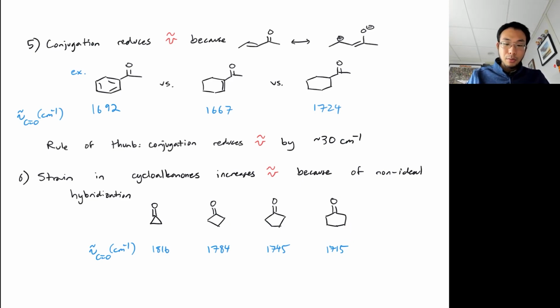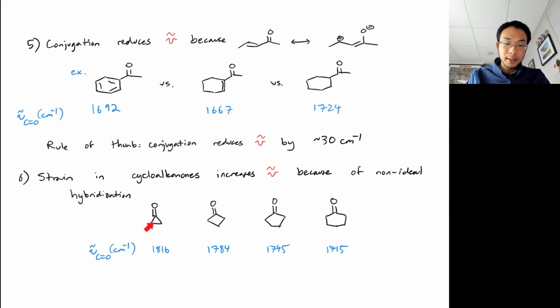And so what we see is that as the carbonyl is in more and more strain, the stretching frequency of the carbonyl goes up. This is related to the idea that as the bond angle at this carbon gets less and less ideal, the solution from a molecular perspective is to try to lengthen these bonds a little bit.